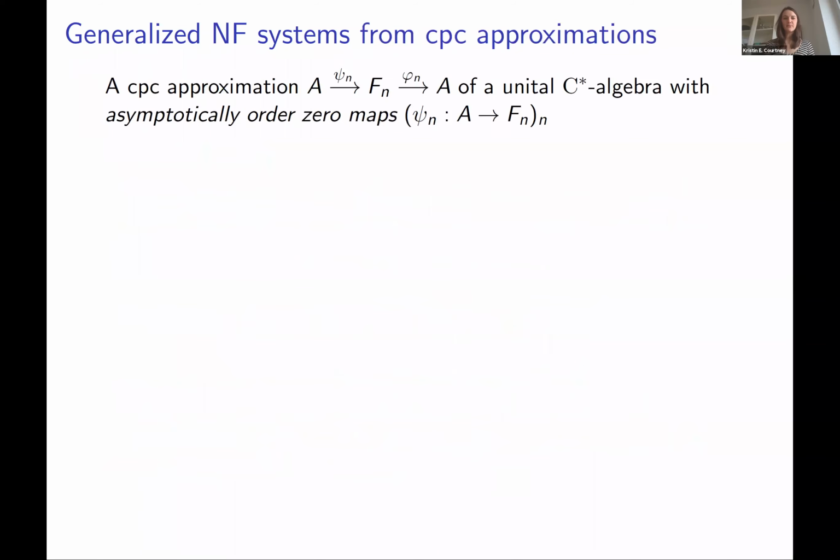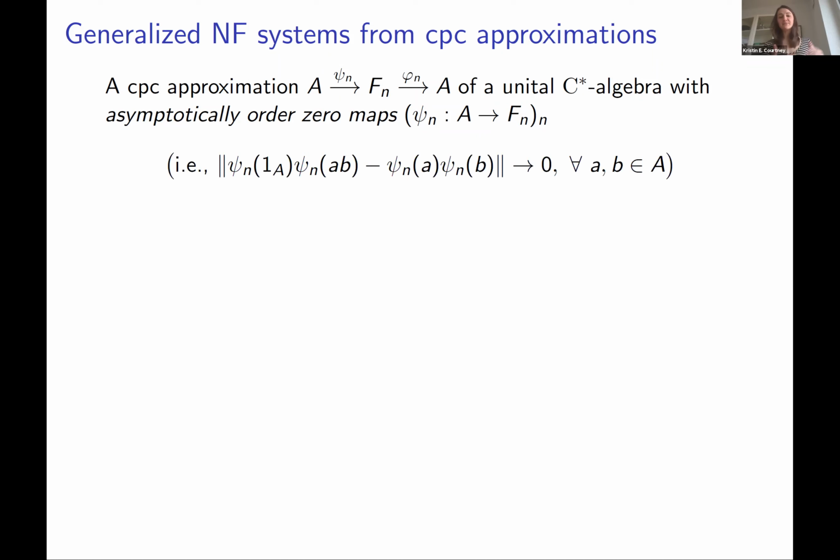So let me talk a little bit about that construction, and what I mean by it admits such an inductive system. So we take a CPC approximation of a unital C-star algebra with asymptotically order 0 maps. And this is the part that we needed Blackadar-Kirchberg, Winter and Zacharias, or just Brown, Carrion, and White for.